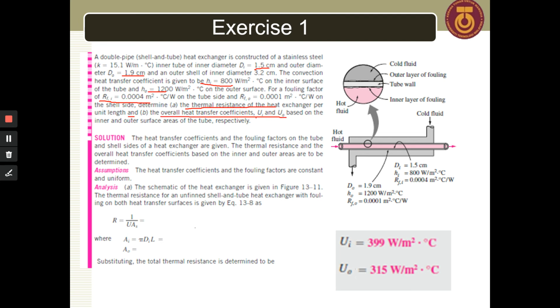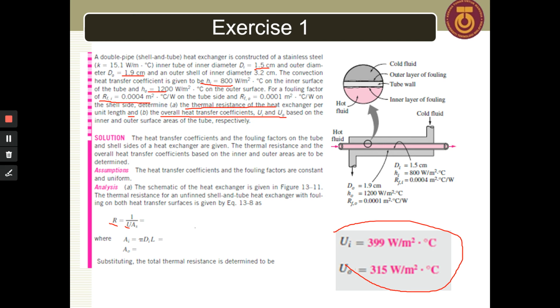The answer here is only given for B. If you get B right, you should get A right, because this is the relationship between the resistance and overall coefficient.